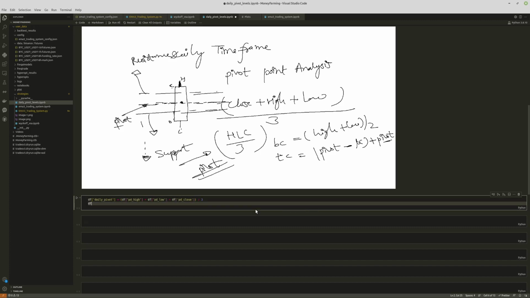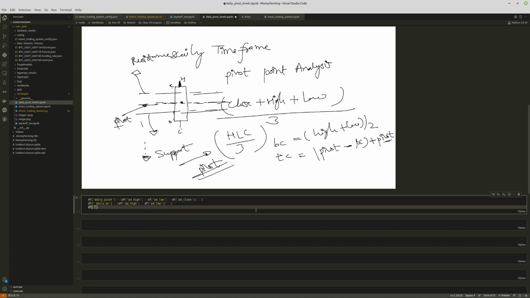And then we want the daily BC to be this one: df previous day high plus previous day low, divided by 2.